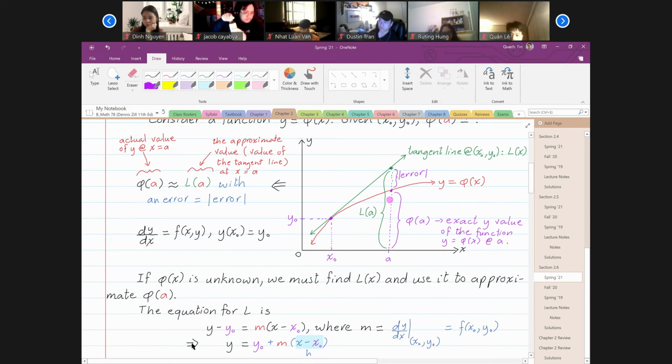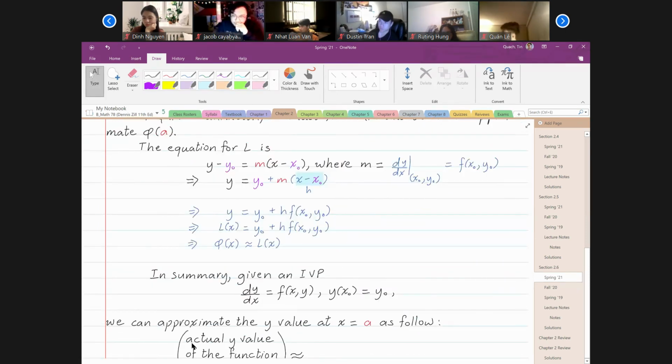So you don't want it. You want the error to be small. So if you want it to be small, whatever the x value that you want to approximate the y value at, make sure that it is near x naught. So you want to note that x should be near the initial x value.